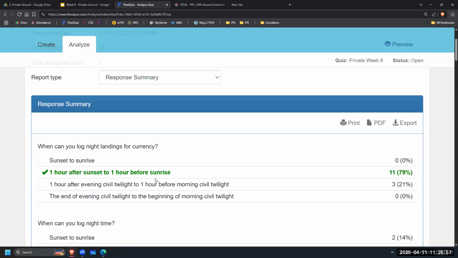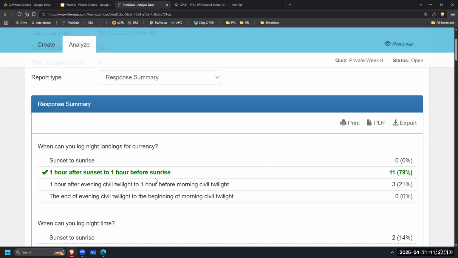There's the official sunset to sunrise, which is considered nighttime in the sense that you have to turn on your nav lights. And then there's the civil twilight, which is usually about 30 minutes past.